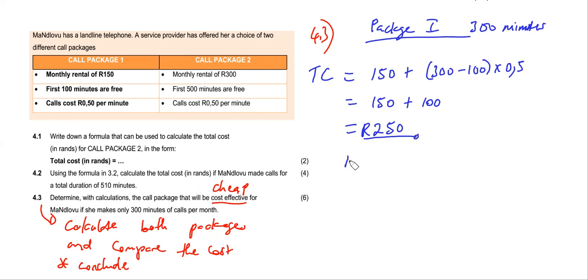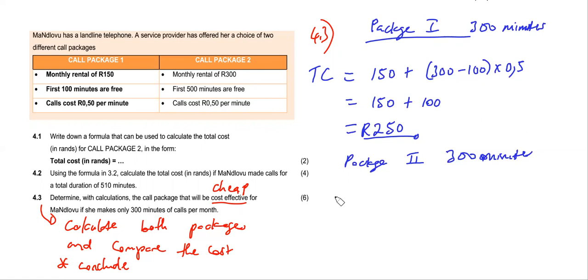Let's look at package 2. Package 2, we're also looking at 300 minutes. These minutes are already below the 500 free minutes. So this person is going to pay only the monthly rent of 300 rand.